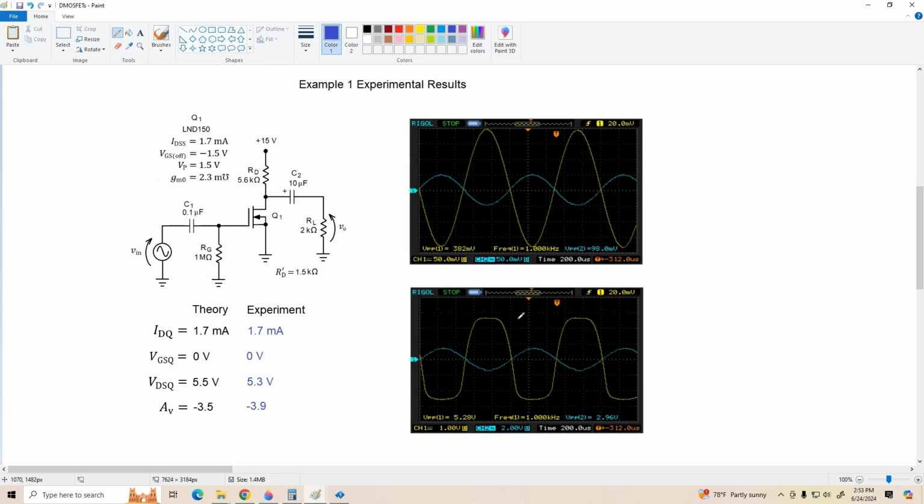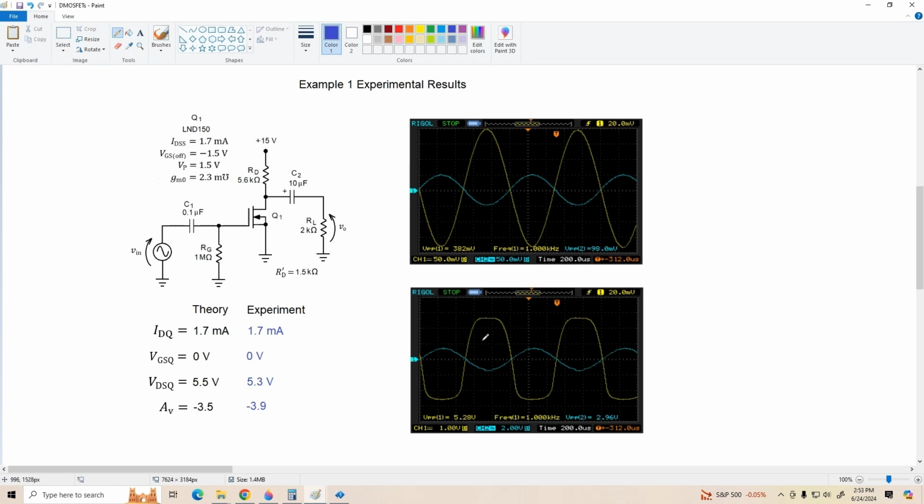The top peak is reaching about, we're at 1 volt per division, so that's about 2.5 volts on the positive peaks, and negative 2.5 on the negative peak. So we've got pretty symmetrical clipping. It is a little bit asymmetrical in shape, but not too bad. So this is a fairly well-centered Q point here.